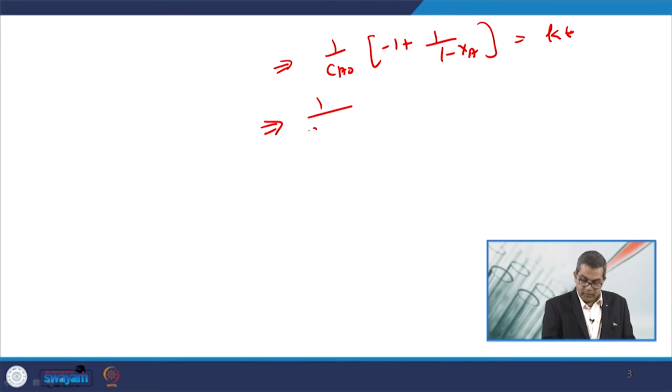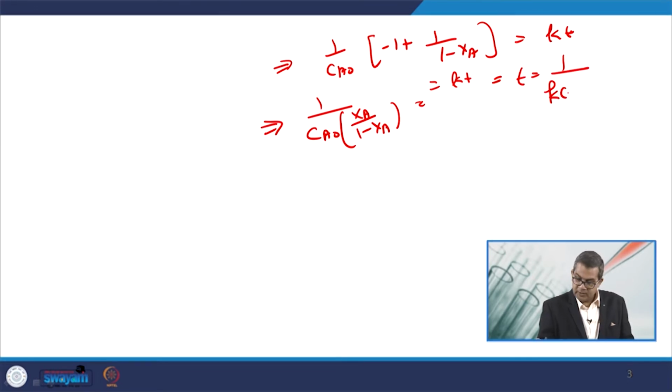So 1 upon CA0 into XA upon 1 minus XA is equal to kt, or t is equal to 1 upon k CA0 into XA upon 1 minus XA.